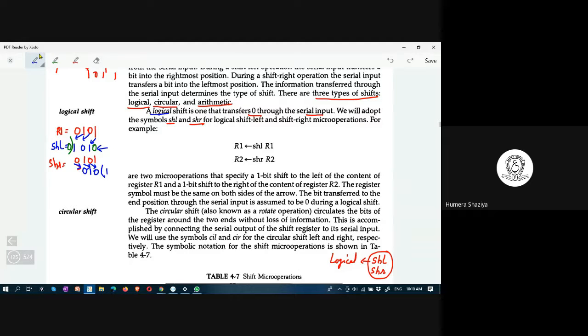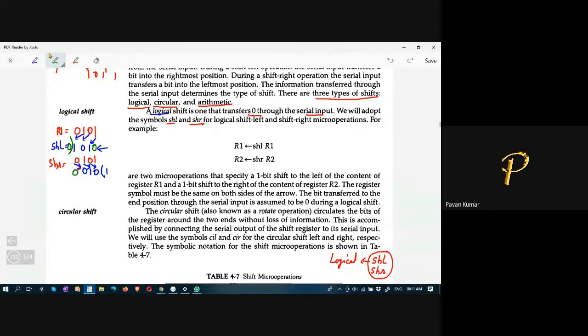Apparently, you have to transfer 0 at the leftmost position here. You transfer 0. Do you understand logical shift? What do you mean by logical shift?